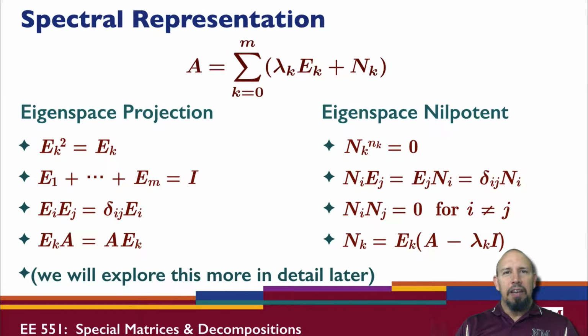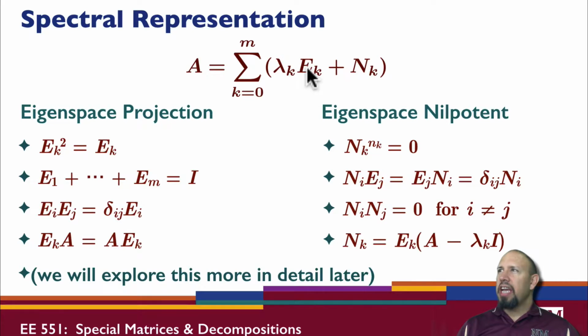Similar to the eigenvalue decomposition, we have something called the spectral representation. And this is how that spectral representation is described. It's kind of complicated, and we will explore more of this in detail.